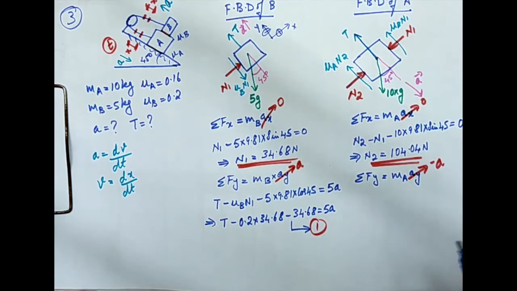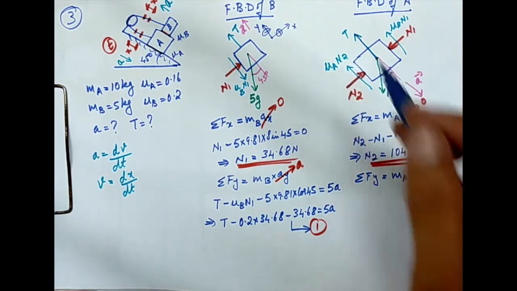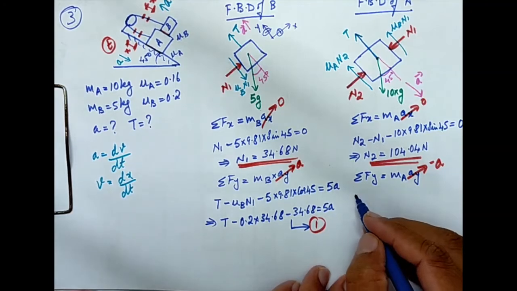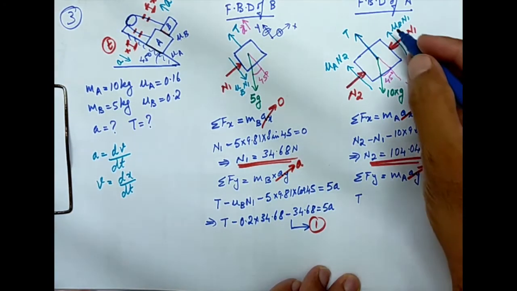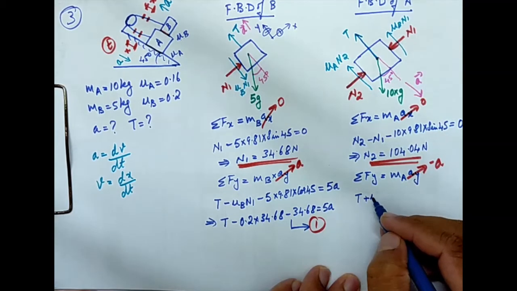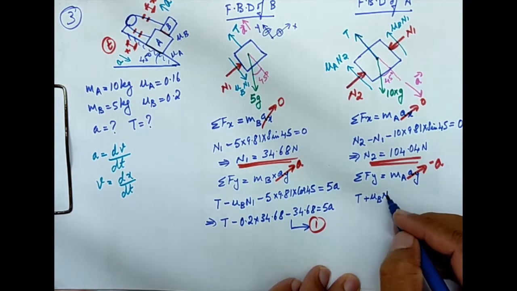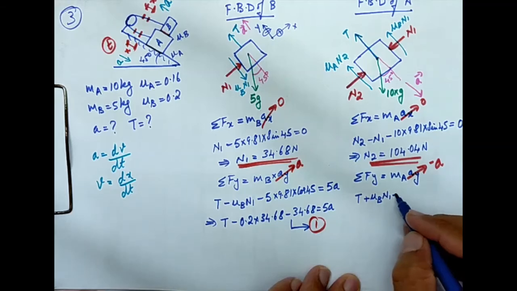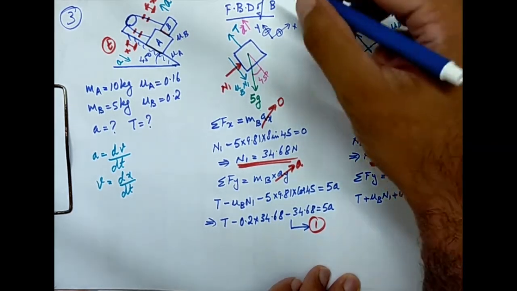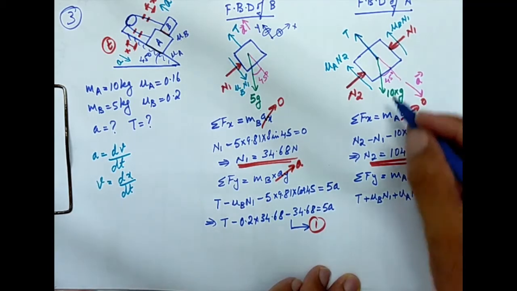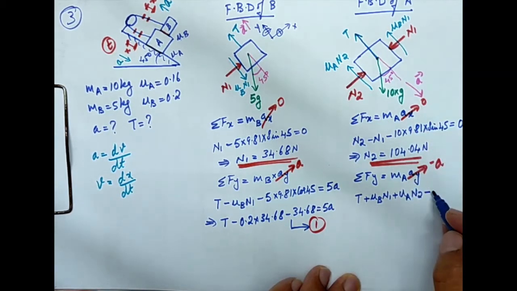Now let's substitute the different values. In the y direction what I am having is T upward, then mu B N1 upward, mu A N2 upward, then 10g cos 45 downward.